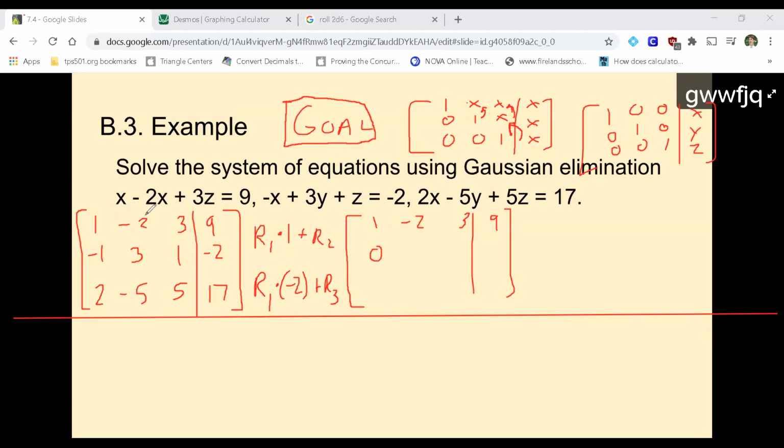So I'm going to take -2 times 1, which is -2, and add it to 3. That's convenient, that changed that to a 1. All right, I'm going to take 3 times 1, which is 3, and add it to 1. I'm going to take 9 times 1 and add it to -2. So that's 7.